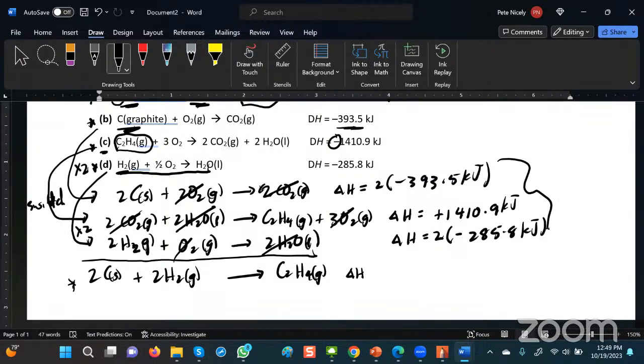And then I'm going to add to that 2 times negative 285.8. And according to my calculations, and please correct me if I'm wrong, this is what I got: 52.3 kilojoules. So that's a typical Hess's law type question that you can expect to get.